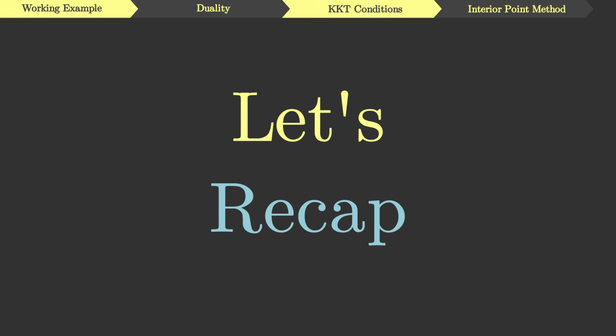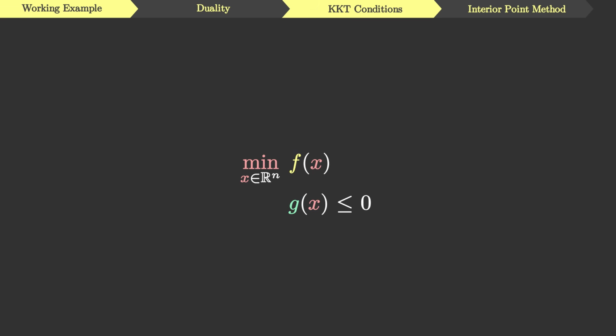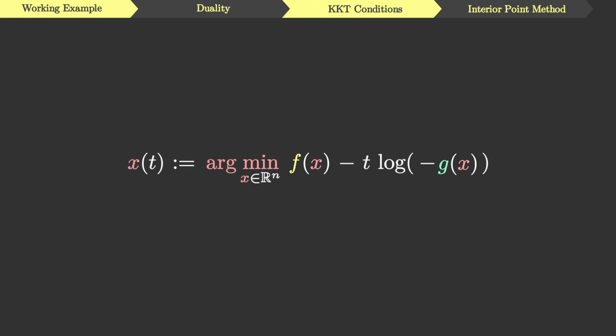So to recap the two insights we just saw, the interior point method, when applied to a convex constraint problem, will move constraints to the objective function via a log penalty function multiplied by a scalar t. It will start with a large t, effectively finding the analytic center of the feasible set.